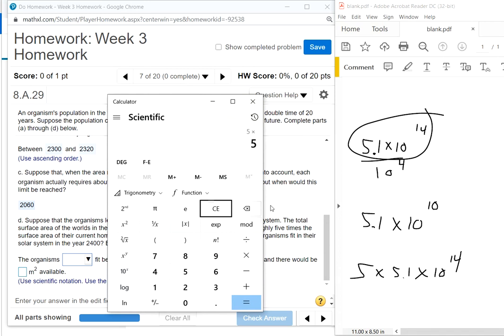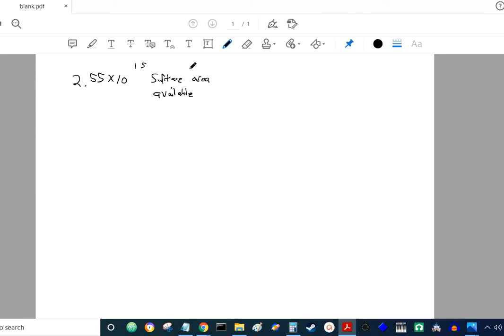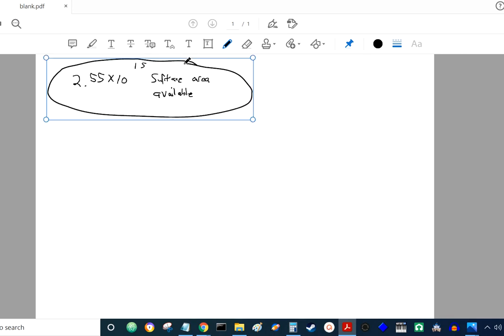So 5 times 5.1 gives us 25.5, which is 2.55 times 10 to the 15th power. I had to do that trick where I moved the decimal one place to the left, so I had to increase the exponent. So this is how much surface area is available. Okay, so that's, I think, the last box.